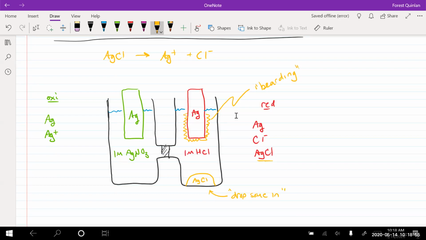Zap, boom, the chlorides stick to it. Now you have AgCl on your electrode. So whether you drop it in the bottom or beard it onto the electrode, and bearding is the more common way, you would have all of your components.